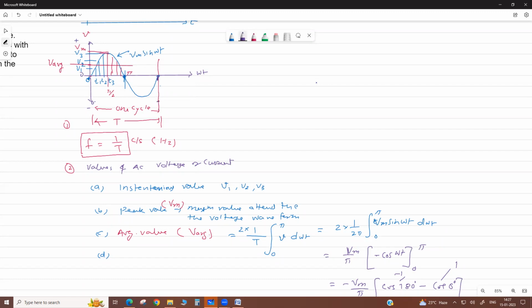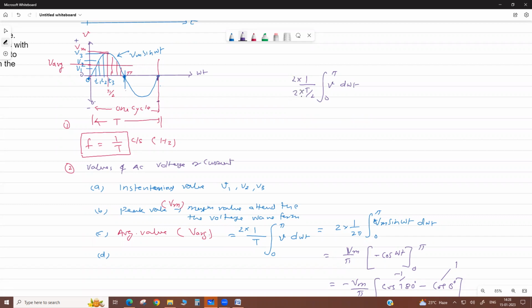If you calculate only this, here you put pi only. If you want only T/2, integration 0 to pi, then if you multiply here, this does not give the correct value.